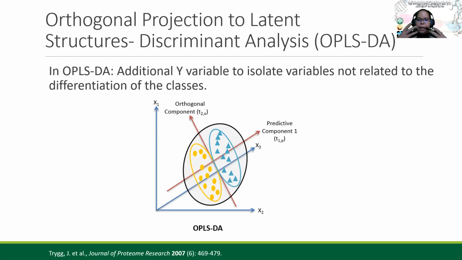So it separates out those variables that are not related to your class information, and it puts them into an orthogonal component, whereas those that are related to your class information will be put in the predictive component. And so makita mo dito, yung differentiation or separation of your two groups are actually along your predictive component. Yung orthogonal component mo, dun na pumapasok yung variations that are not related.